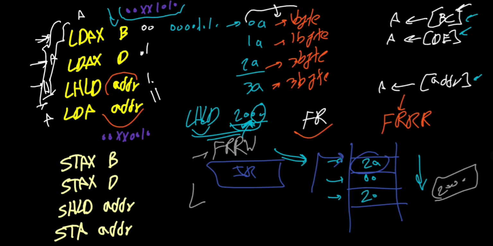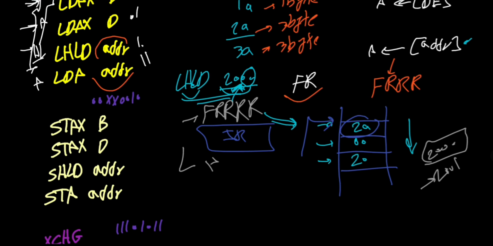So 1 read here for the L register, then it would increase the address 2000 to 2001, and the byte in this other memory cell should also be read and put inside the H register as well. So we have another read.